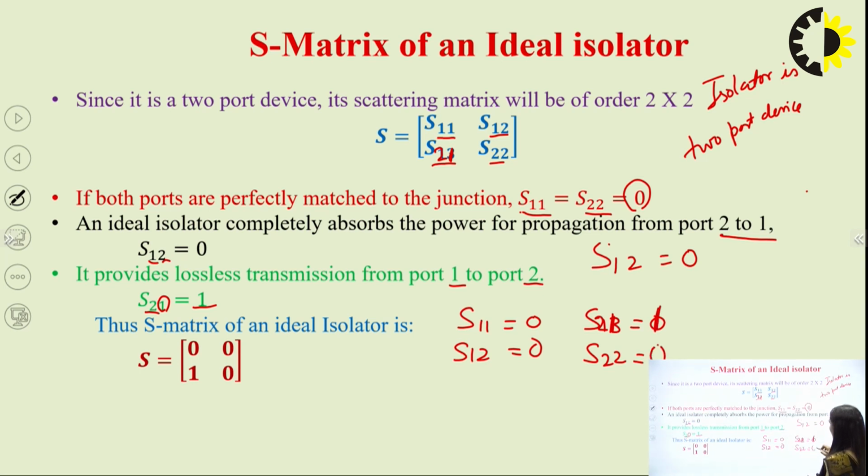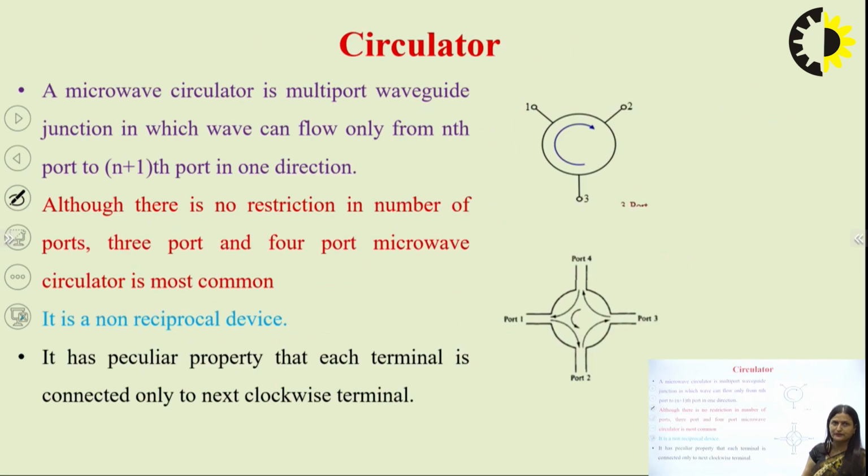And S22 is 0. So I can rewrite the matrix: S11 is 0, S12 is 0, S21 is 1, and S22 is 0. So in this way, we can find the S matrix of an ideal isolator.